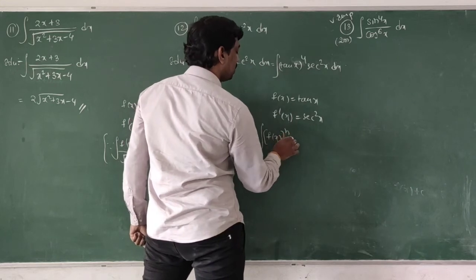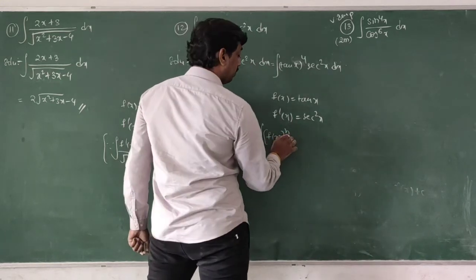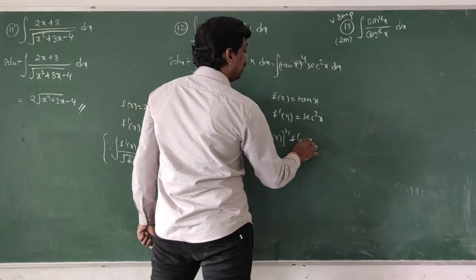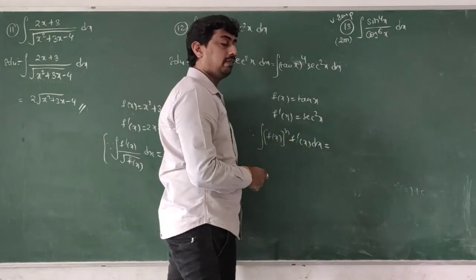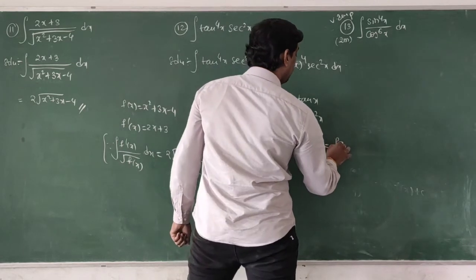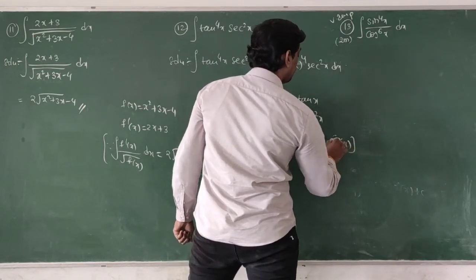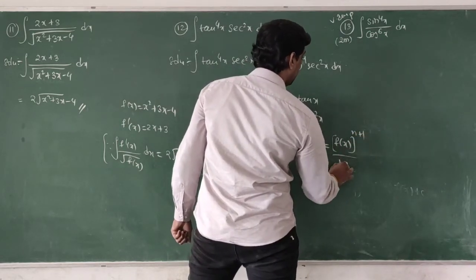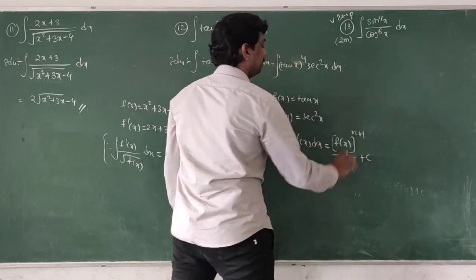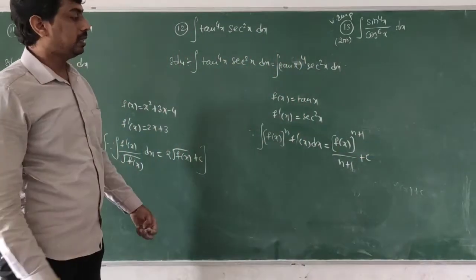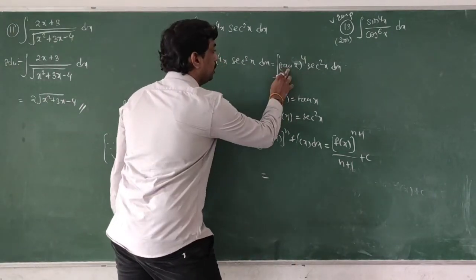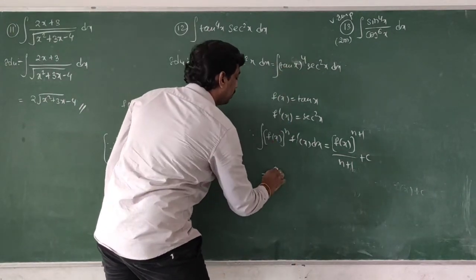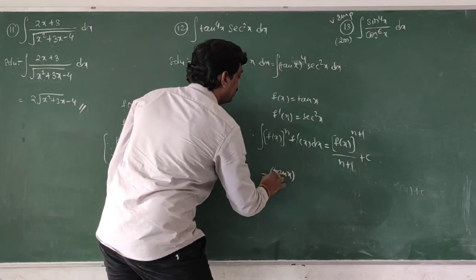In the four formulas, the first one: integration of f of x whole power n into f dash x dx equals f of x whole power n plus 1 by n plus 1 plus c. Here f of x is tan x, so tan x whole power n plus 1.